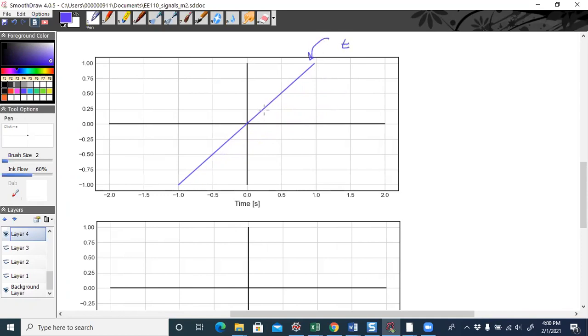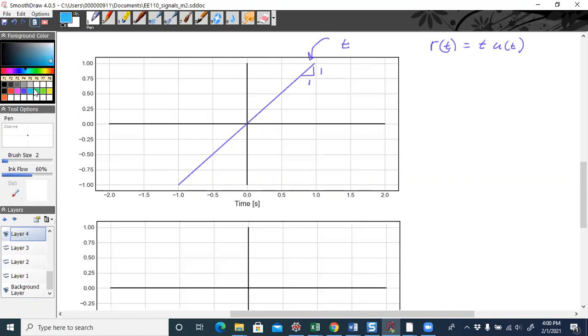That's t, right? For negative time, positive time, there's always a slope of 1, right? But u(t) is 0 before that. I mean, r(t) equals time times u(t).